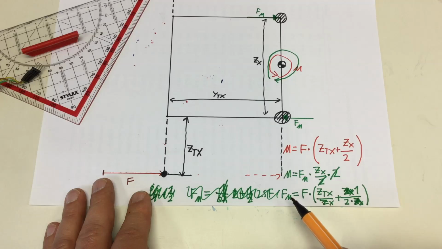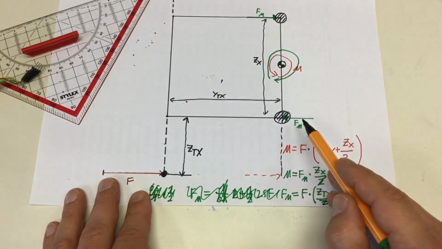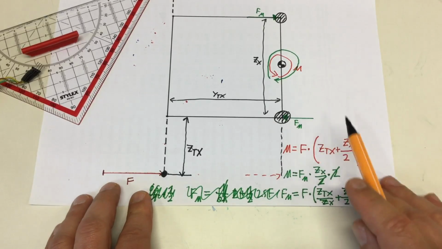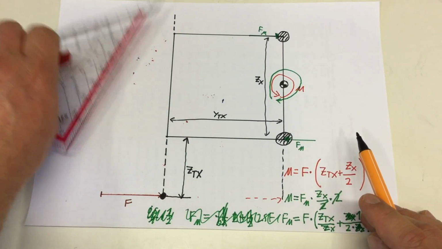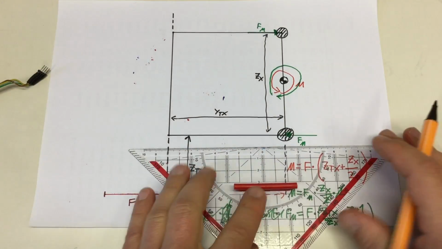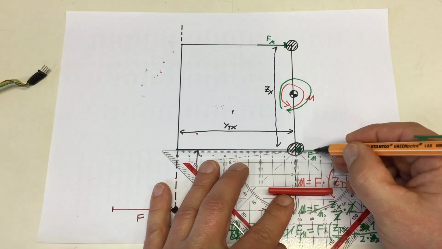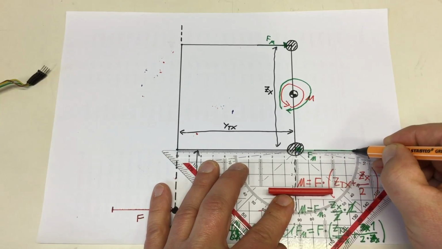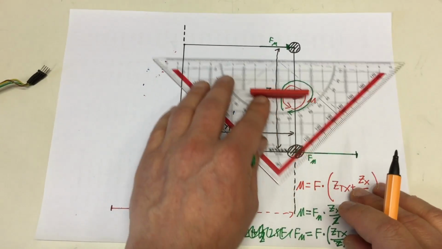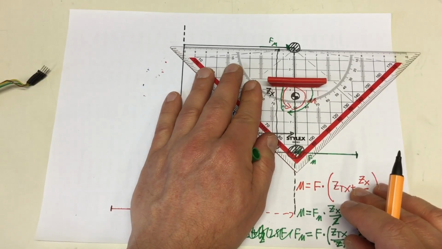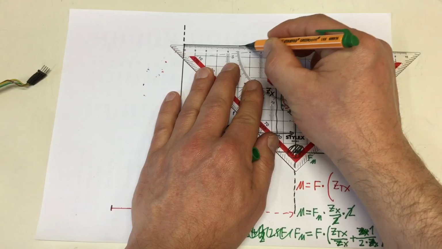So our momentum here, or counter forces, for the momentum are exactly the same as our attacking force here. So in our scale, 5 centimeters. And it's easy.